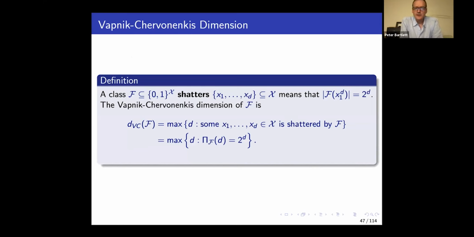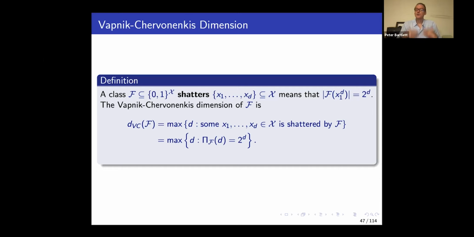So we've got a class of 0, 1 valued functions. The VC dimension of that class is the size of the largest shattered set, where a shattered set is a subset of its domain of size d for which the growth function takes its maximal value, right?